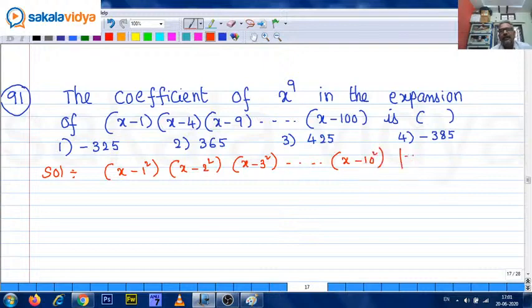That means here we have 10 terms in this bracket, 1, 2, 3 up to 10 terms. So if you multiply the 10 brackets, the highest degree will be x into x into x, 10 times, x to the power of 10.